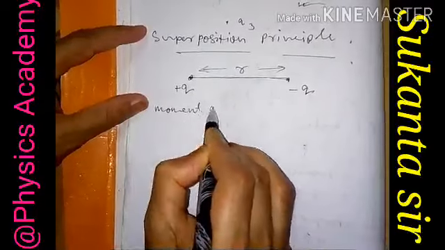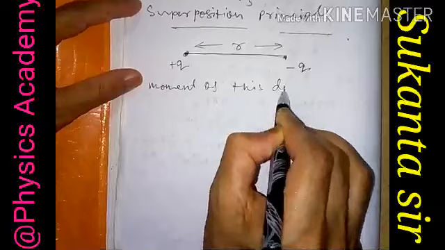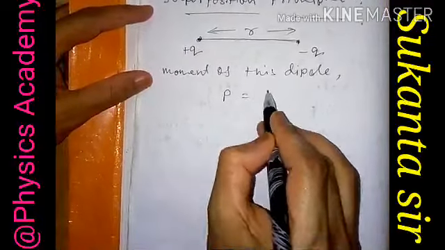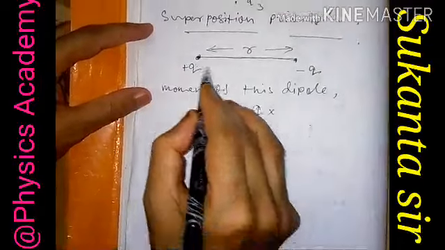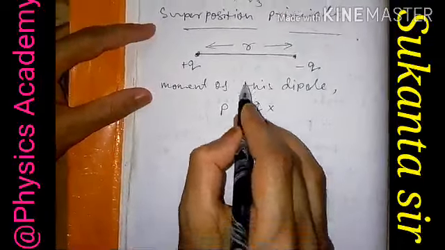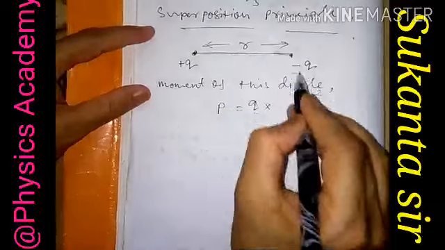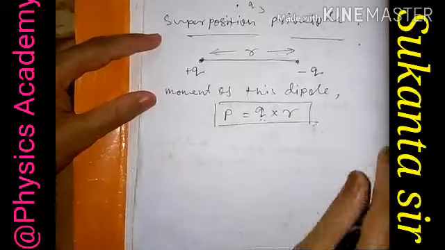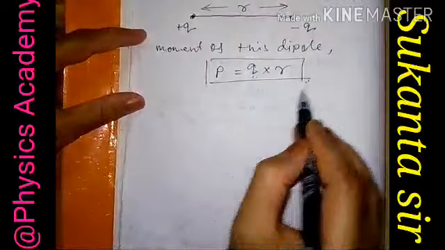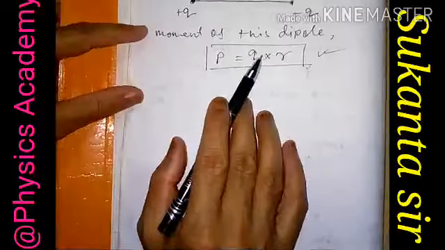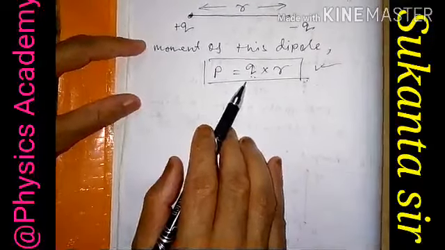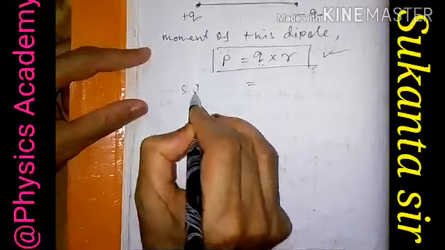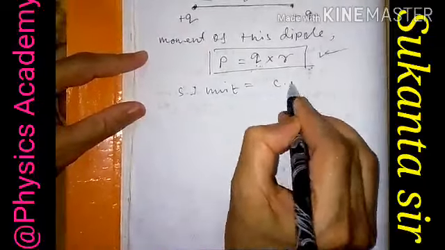The dipole moment P equal to the magnitude of one of the charges into the distance between the two charges, that is q into r. This is the electric dipole moment, and its SI unit is Coulomb meter.